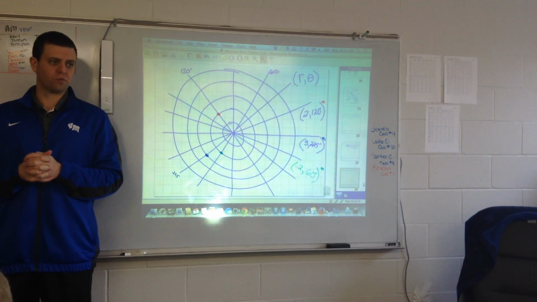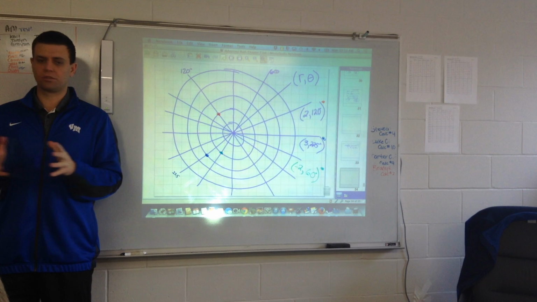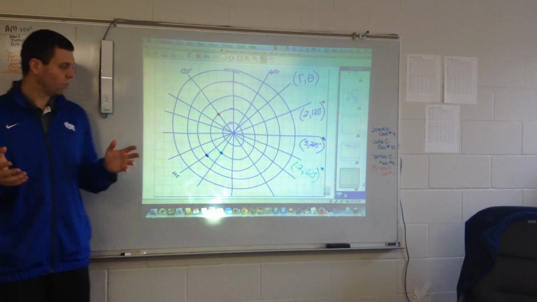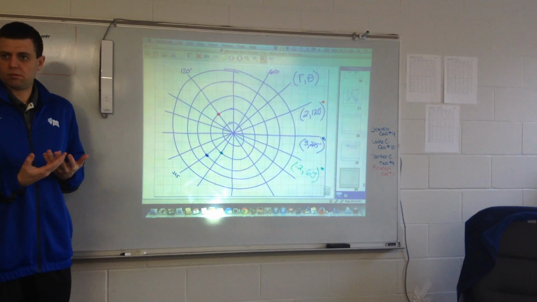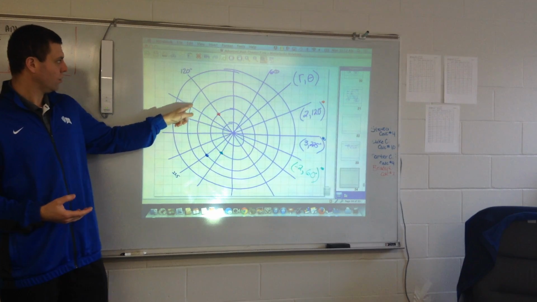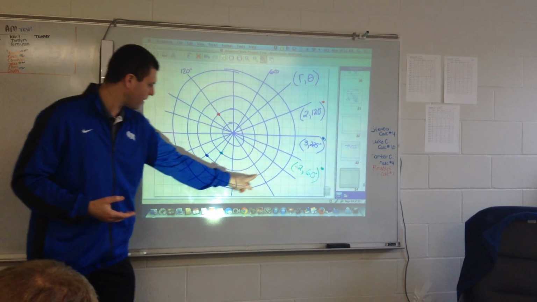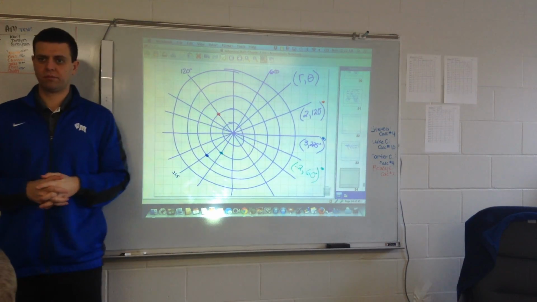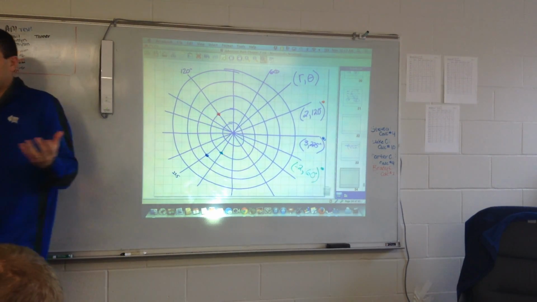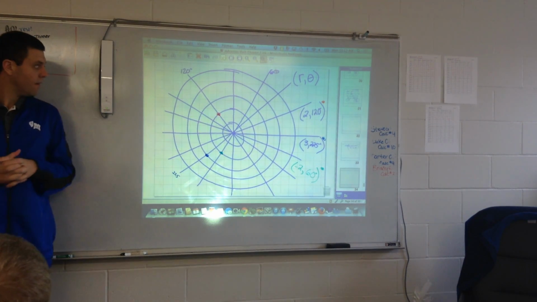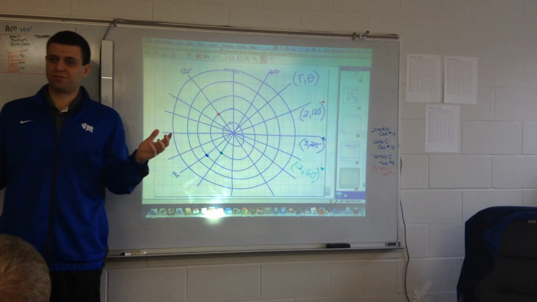So if you had to draw all of the points whose distance away from the origin was 4, well, where would that occur? 1, 2, 3, the fourth circle. Wouldn't all of these points on that fourth circle be exactly 4 units away from the origin? So r equals 4 is a circle on the 4th unit out. That's how you draw circles.